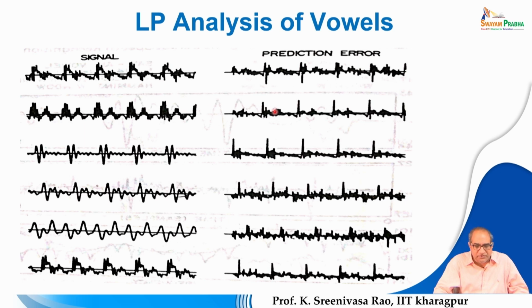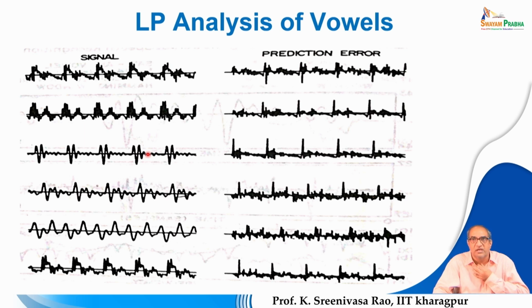The thing to be observed here is that in all the prediction error plots, you can see the maximum error at a particular location, and this maximum error is observed at periodic intervals. This is because all these are vowel segments, which are produced due to the vocal folds vibration, so the excitation is the vocal fold excitation.